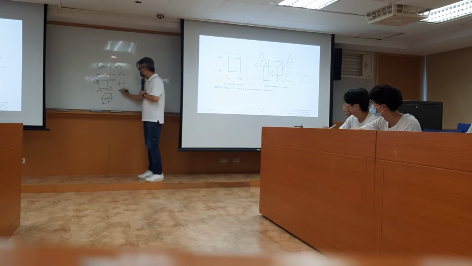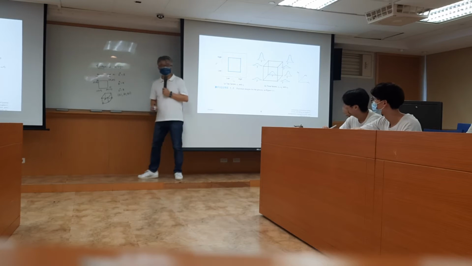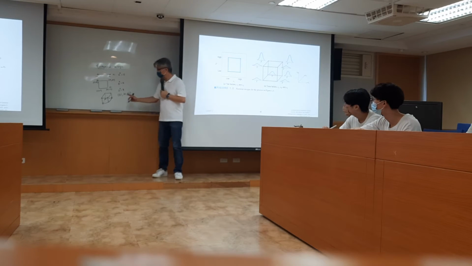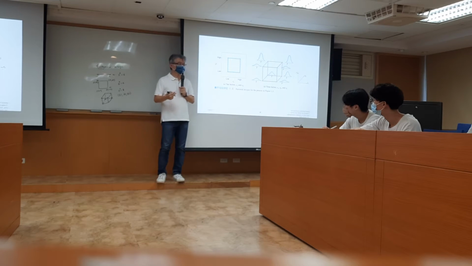So this is 2 to the power of 3, or 8. This is equal to plus 1 minus 1, plus 1 minus 1, plus 1 minus 1. How many combinations do you have? 2 by 2 by 2. That's 8, right? It's called factorial design.